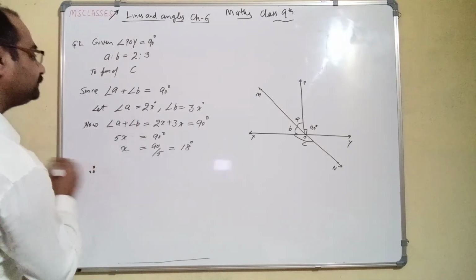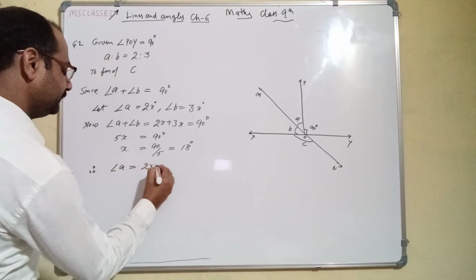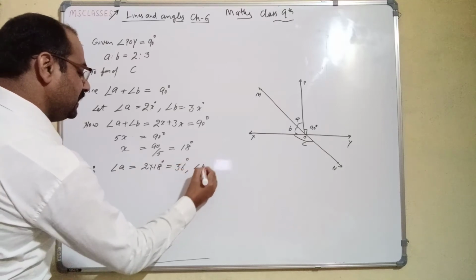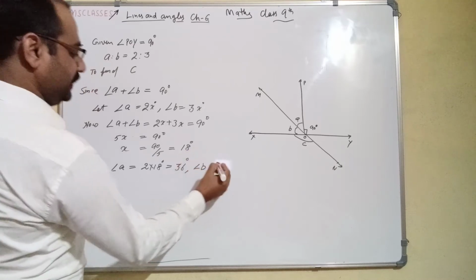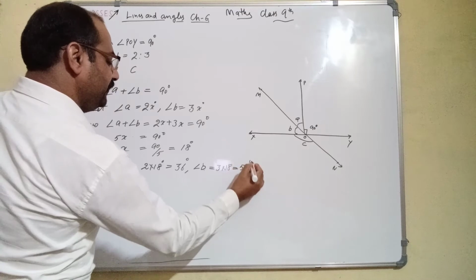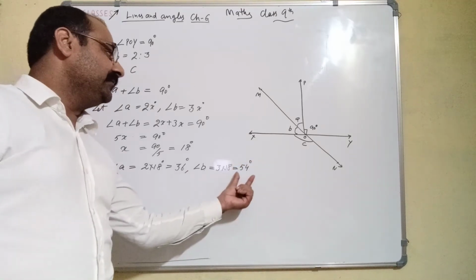Therefore, angle A is equal to 2 into 18. This is equal to 36 degree, and angle B is equal to 3 into 18. This is equal to 54 degree. Right? Angle B is equal to 54.